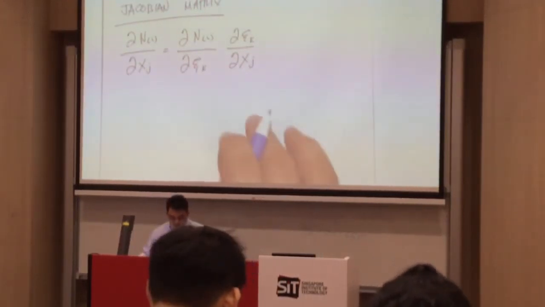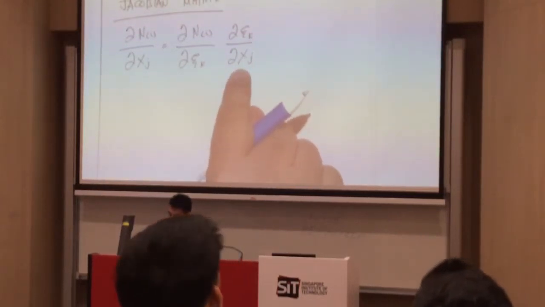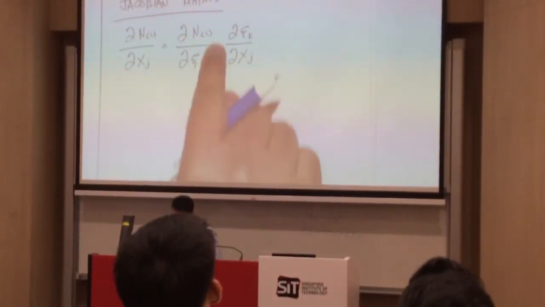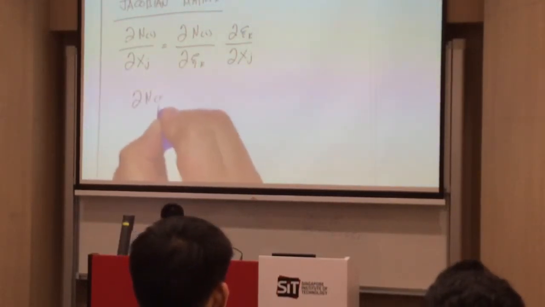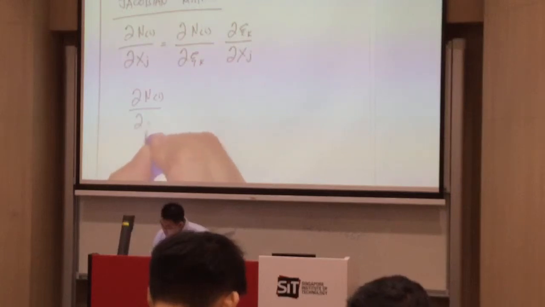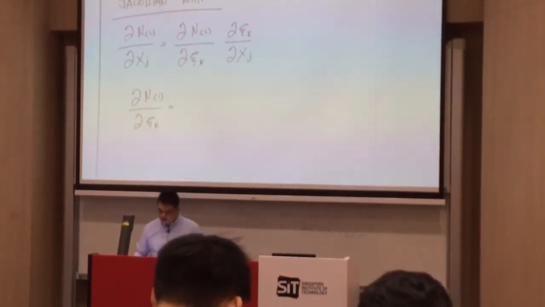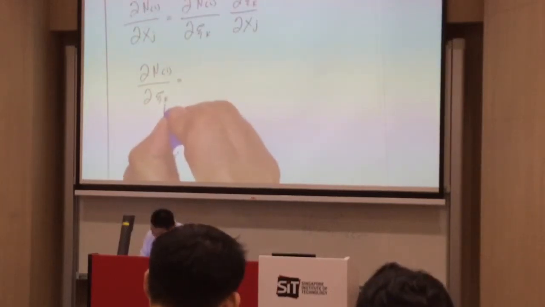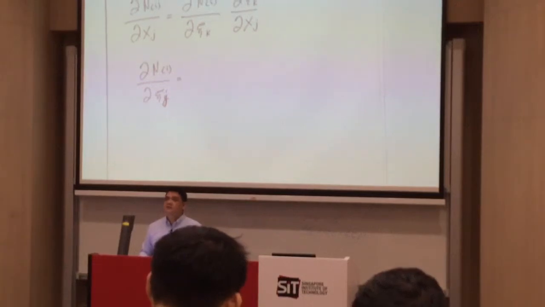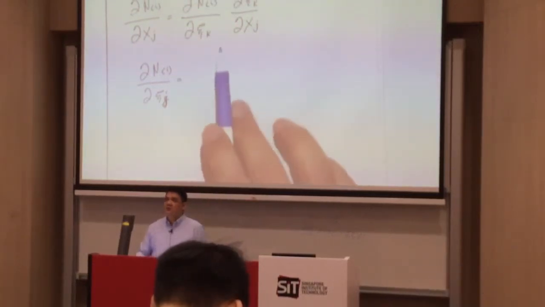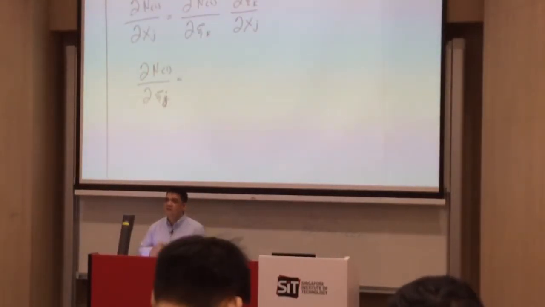So let's take this one here. Let me change that, let me put it now as J. So does it matter now? If I have this one, I can just bring this one over there.